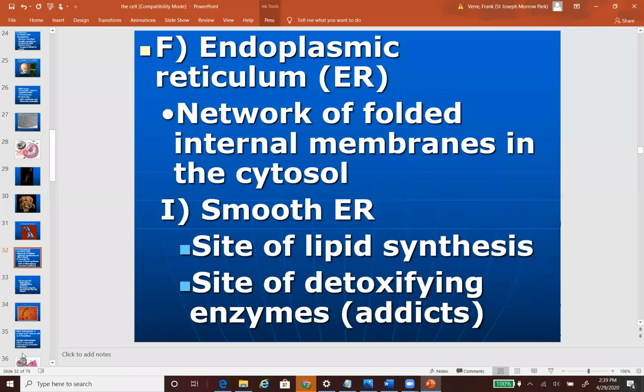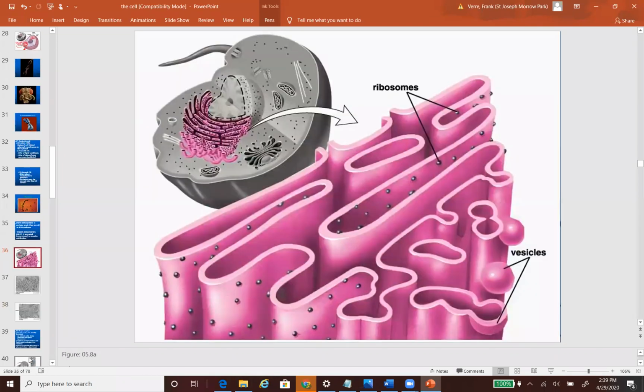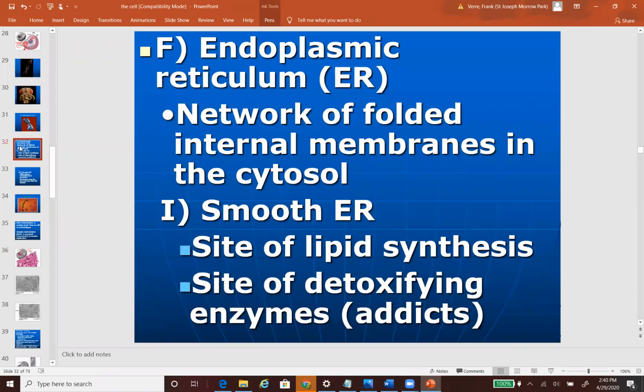So where does it go? So where it goes are two possibilities. One is, if I look at this picture here, you'll notice that here's the nucleus again. And then it looks like there's like a maze-like structure that's attached to it. So this maze-like structure is called the rough ER. Okay. It's called the rough endoplasmic reticulum.